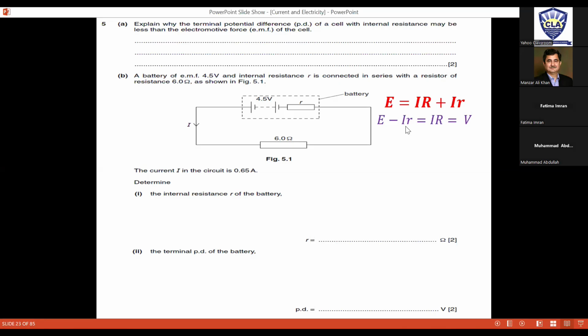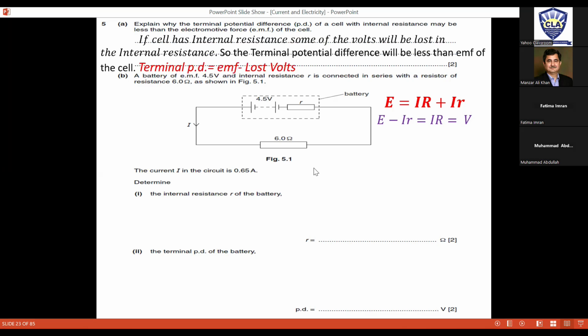This value will always be less than the EMF of the cell because you are subtracting some lost volts from the EMF. Same logic here, some of the volt is lost, so the potential difference will always be less than the EMF of the cell.